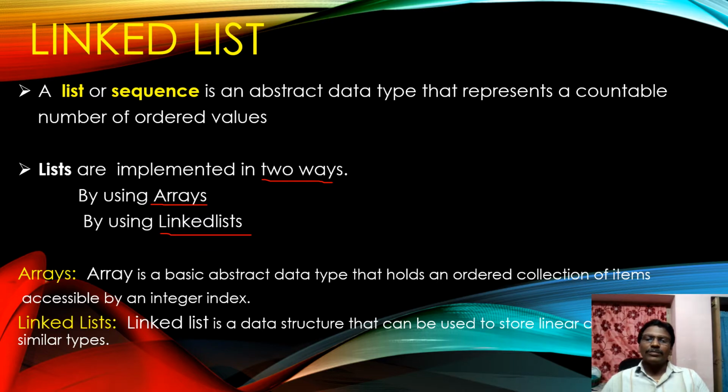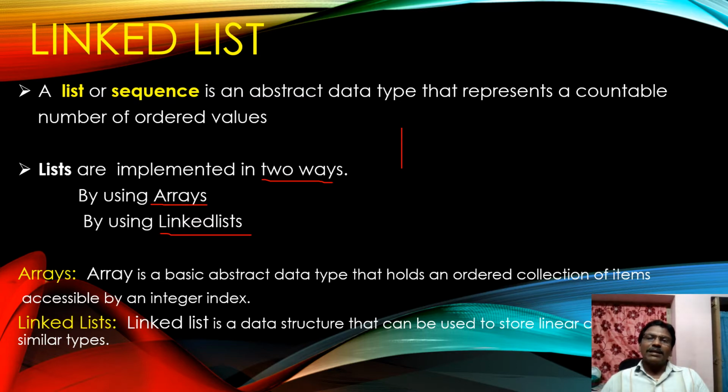First, the array. An array is a basic abstract data type that holds an ordered collection of items accessible by an integer index.